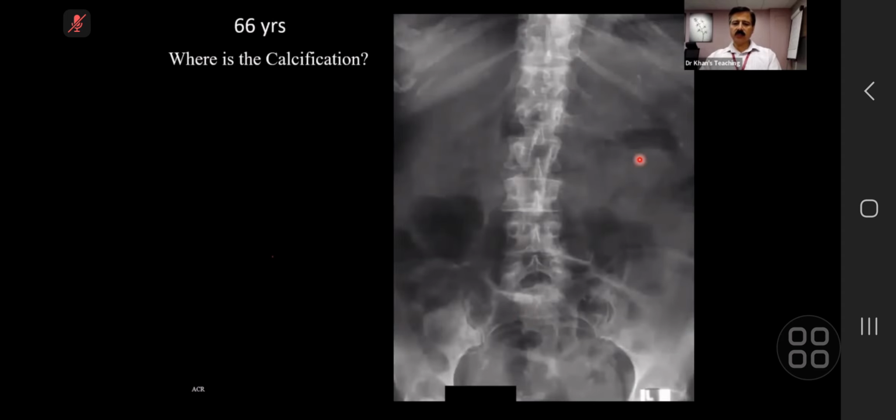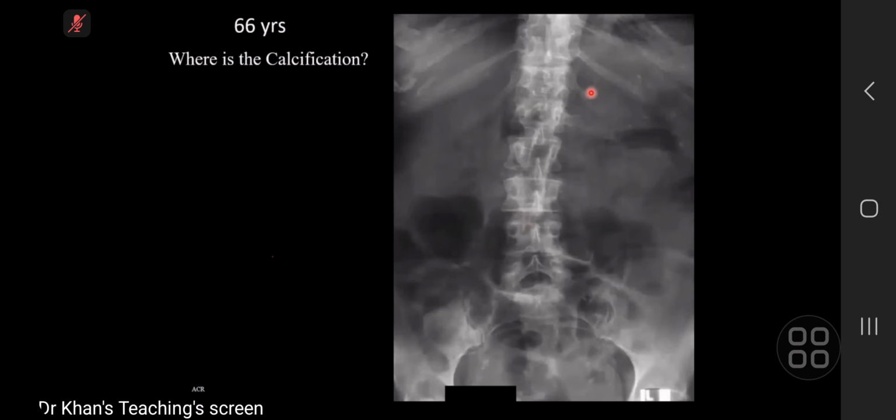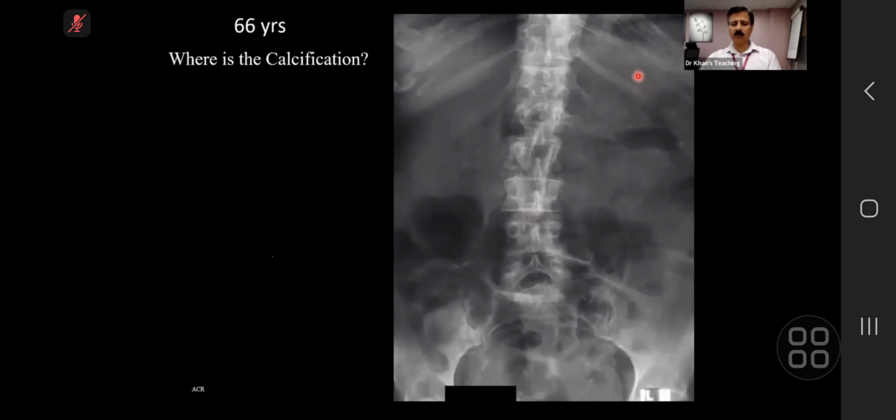Where is this calcification? In the region of kidney, left kidney. Look at the shape. Quite difficult to actually. Do you see that? How is the shape here? There is something here, snake, serpentine, tortuous. What comes? Could be vascular calcification. Yeah.